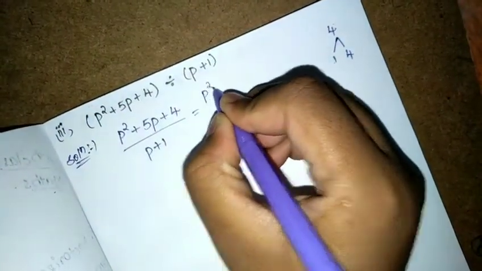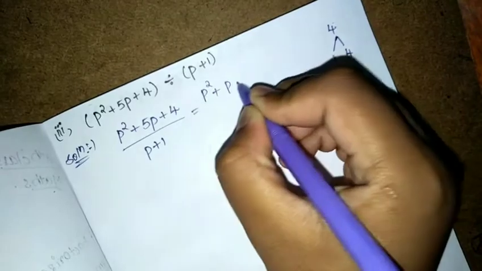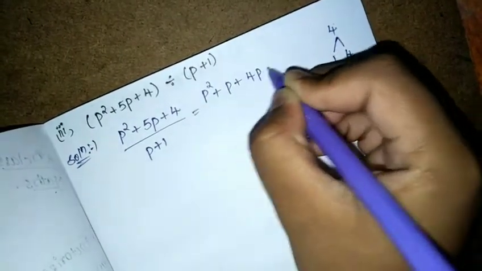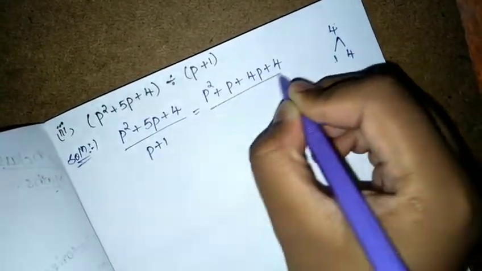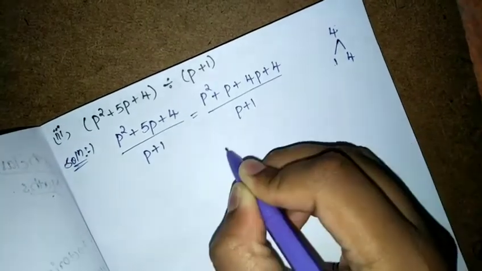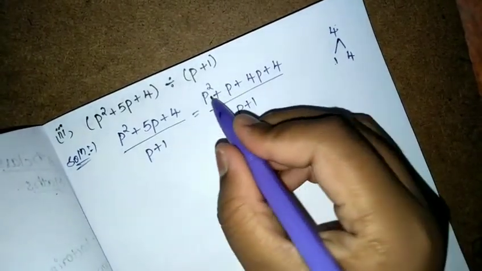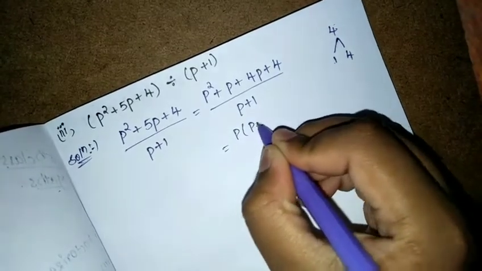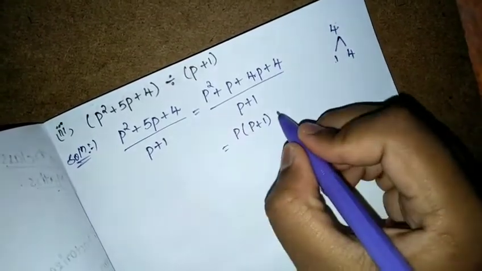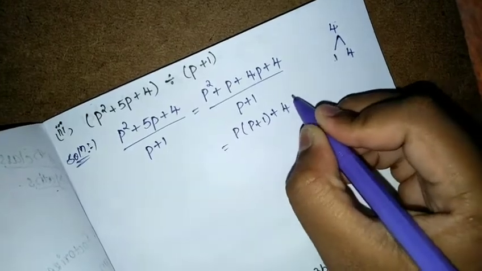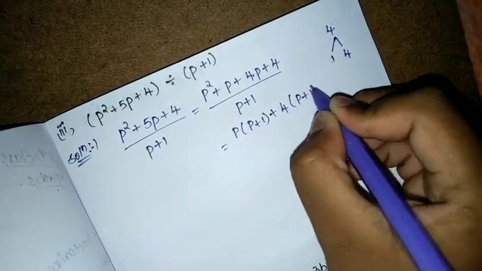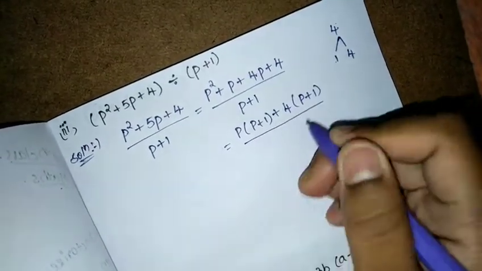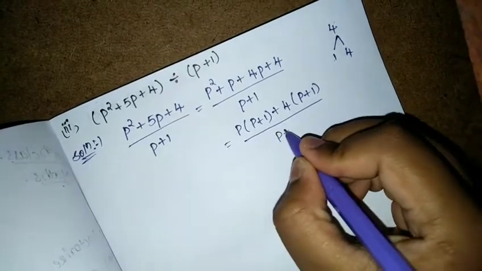So we can write this as p square plus p plus 4p plus 4 divided by p plus 1. From these two terms we can take p common, then we get p plus 1. From these two terms we can take 4 common, then we get p plus 1, divided by p plus 1.